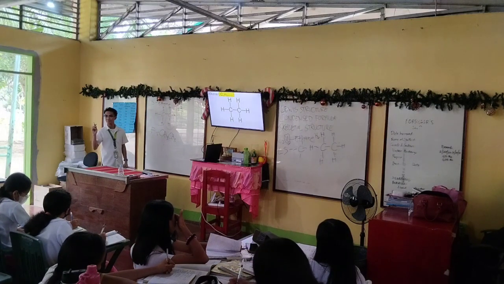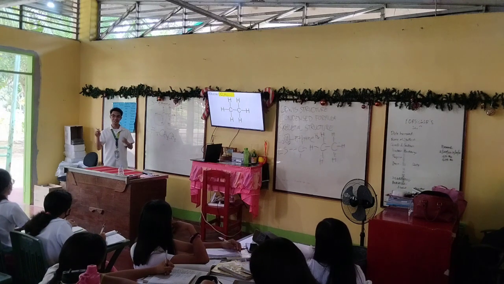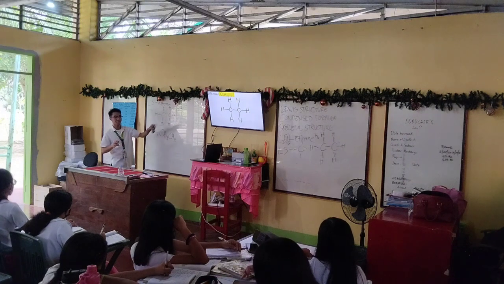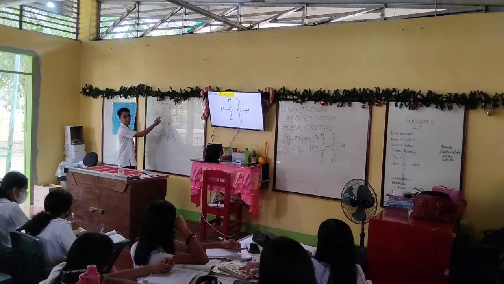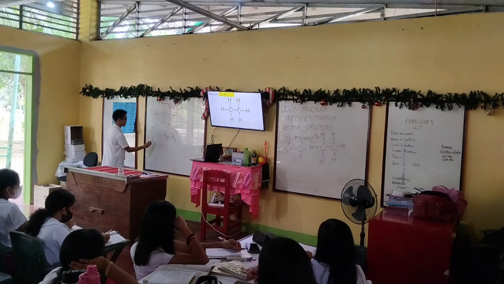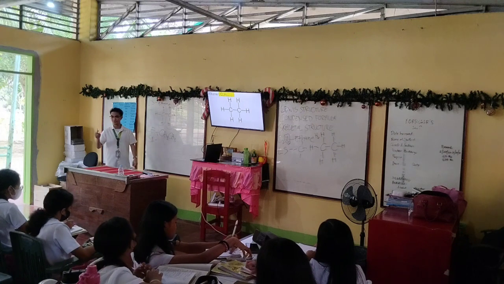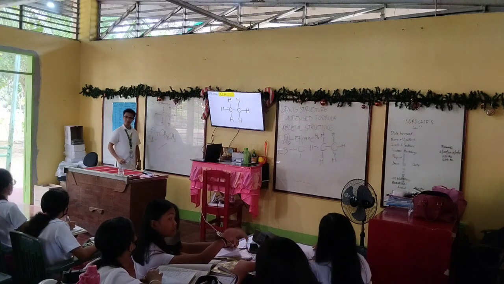Then how about our skeletal structure? It is easier compared to this one. But of course, you need to identify the compound first so that we can draw our skeletal structure. See how easy it is? That's it.